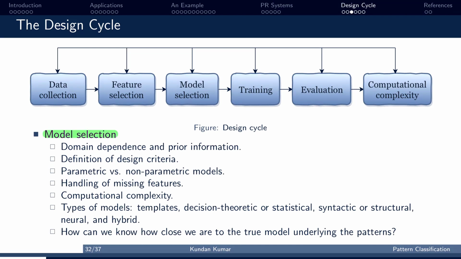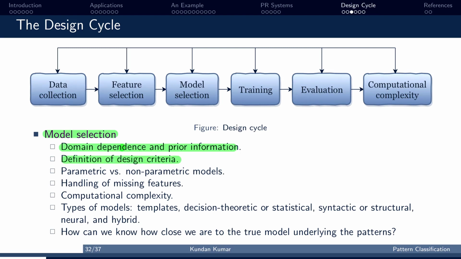Then model selection: what type of model can we select during the design? Then domain dependence and prior information. The model we select for speech recognition may not work for object detection in computer vision, so it will be domain dependent. That means some prior information is required.